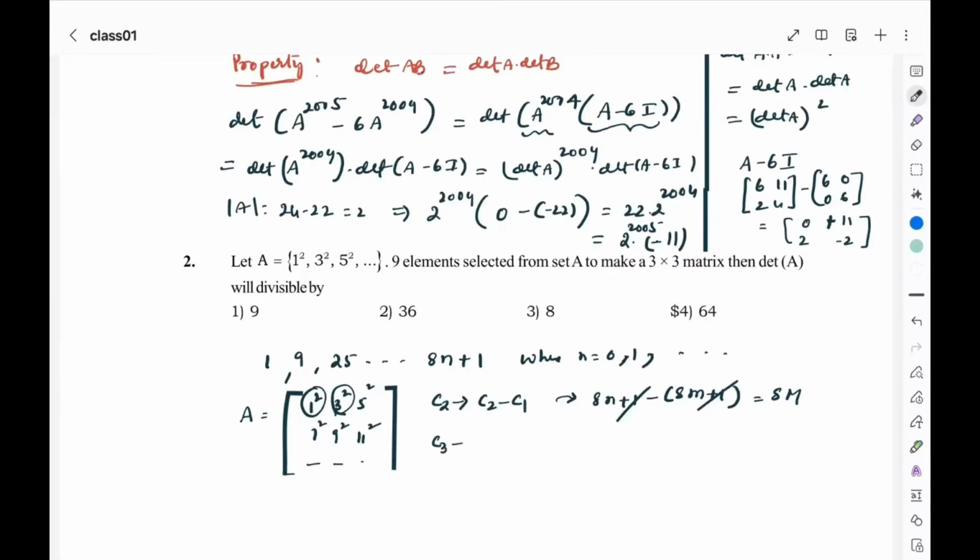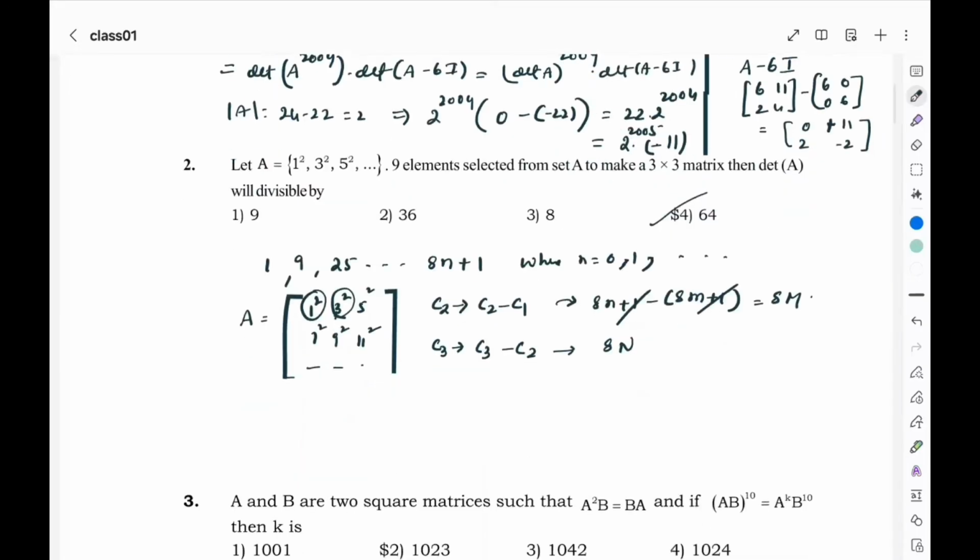Similarly, C3 is replaced by C3 minus C2. That also gives a multiple of 8, like 25 minus 9, 16. So like that, these two columns will be multiples of 8 and 8. Hence, it is a multiple of 64.